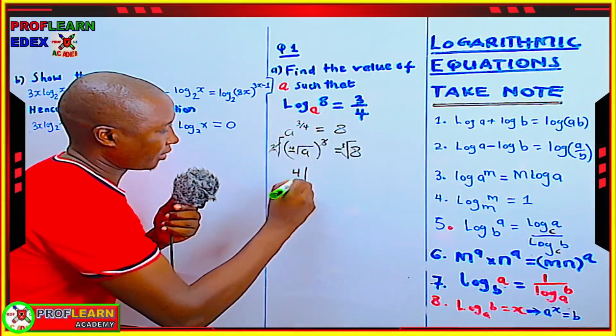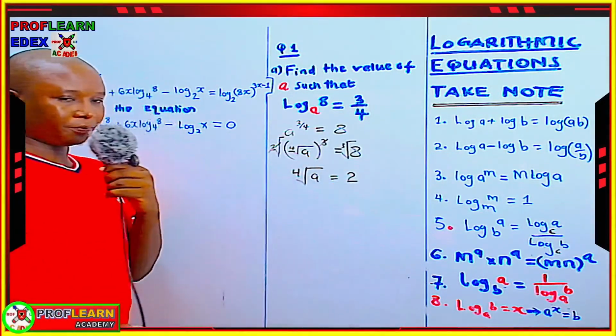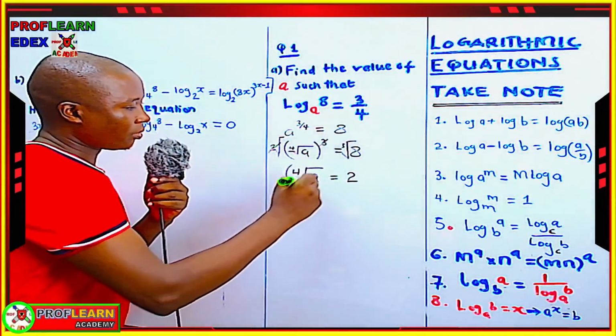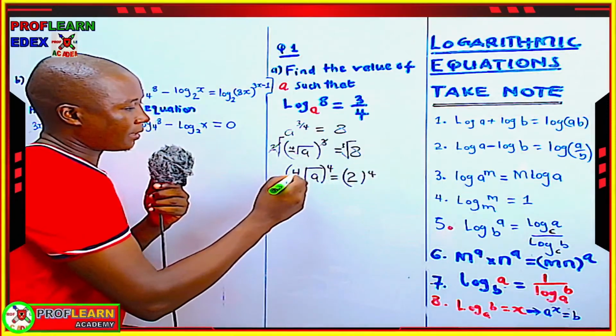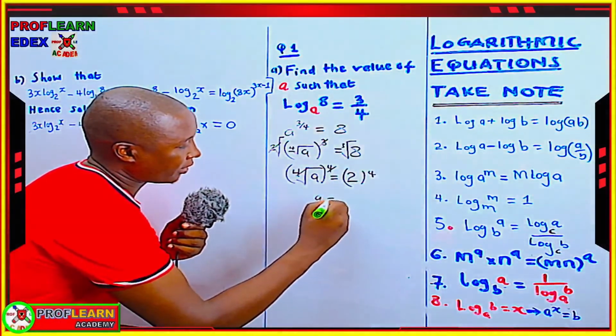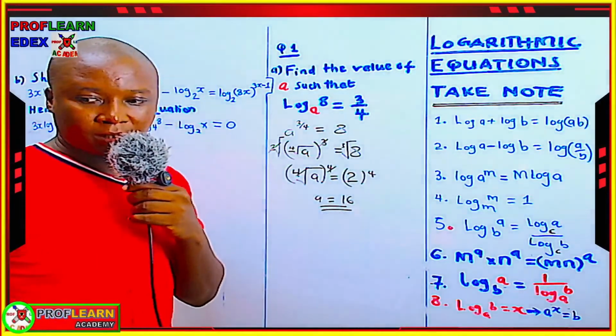We end up having the fourth root of a is equal to the cube root of 8, which is basically 2. Now, in order to get rid of the fourth root, we raise to power 4, and of course this and this will cancel out, and we shall have a equal to 16 as our final answer.